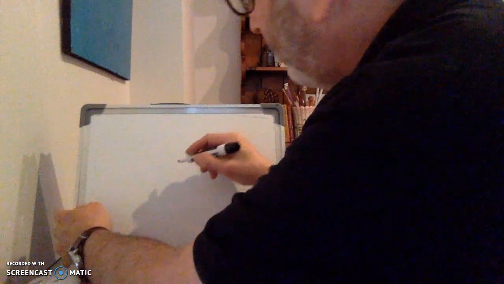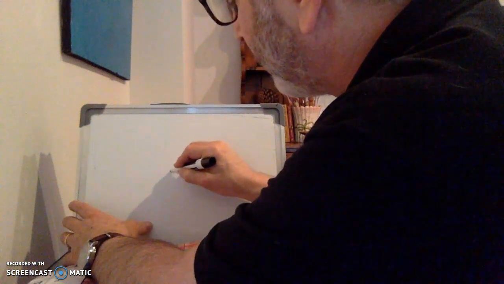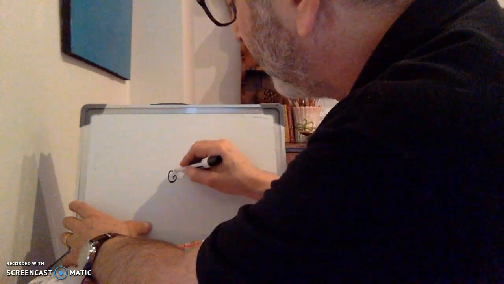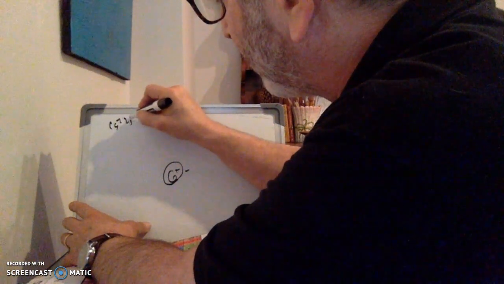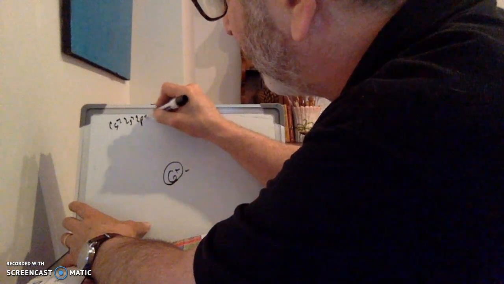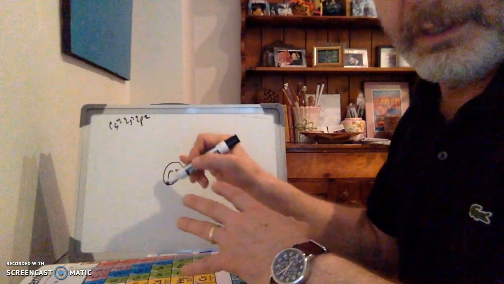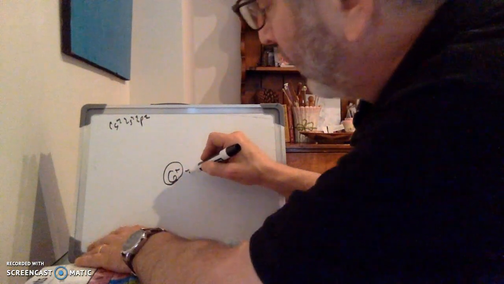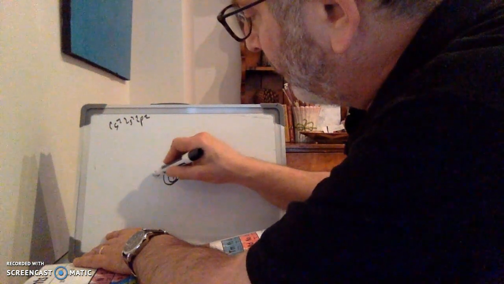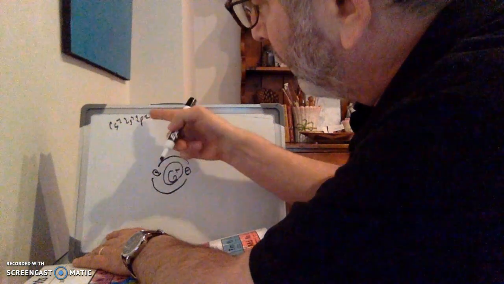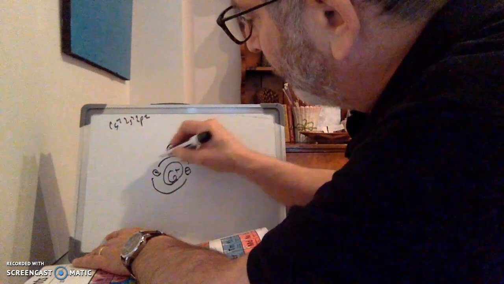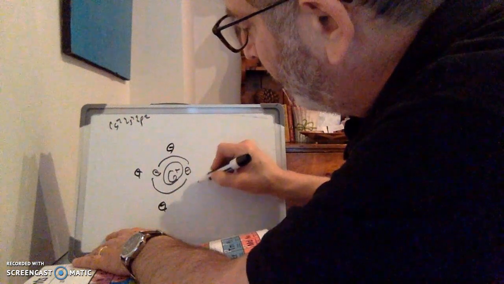Carbon. Do you remember carbon? It's got atomic number 6, and here's its 1s2, 2s2, 2p2. That's its electron configuration. And the Bohr model would be this. Here's the 1s2, first energy level, and then the 4 electrons in the second energy level: 1, 2, 3, 4.